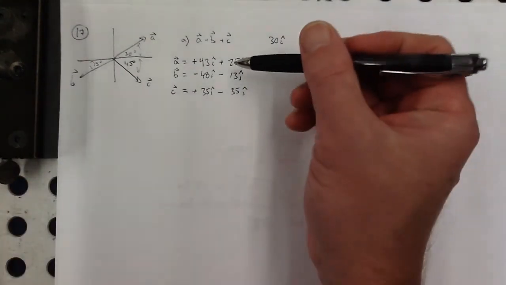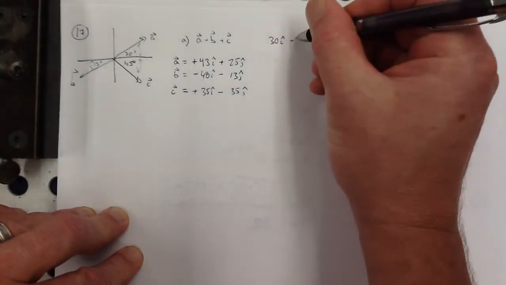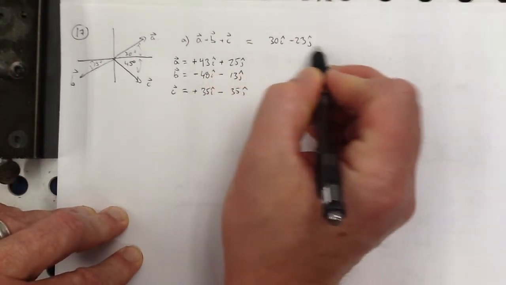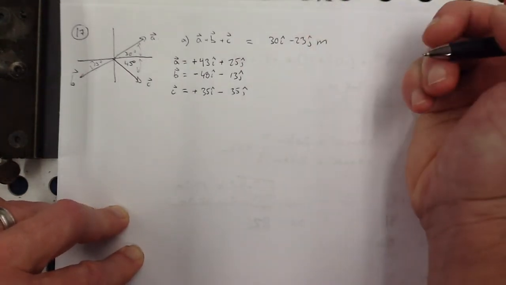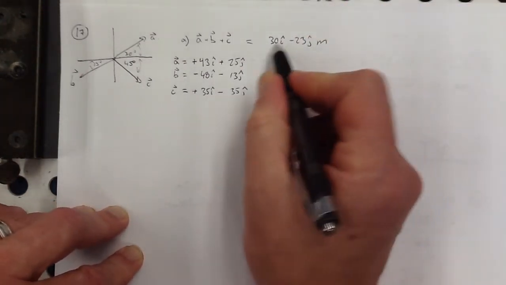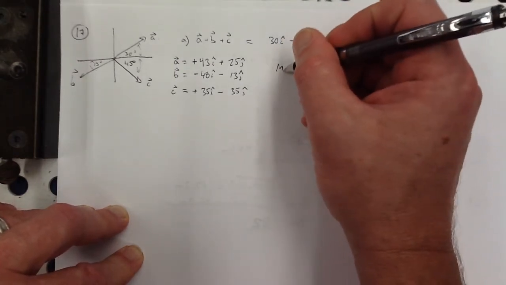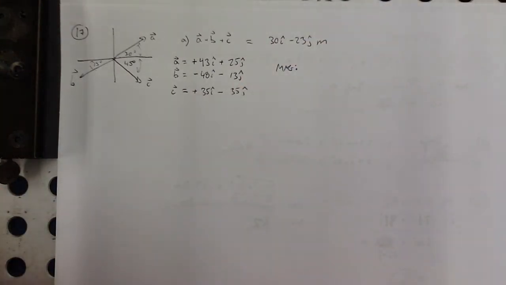And then 25 minus 13 minus 35 j. So that's A plus B plus C. And was it meters again, I believe? Yep. So the magnitude and direction of this, Pythagorize those.